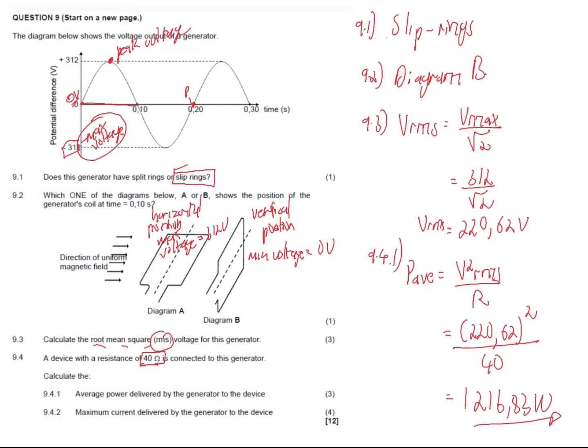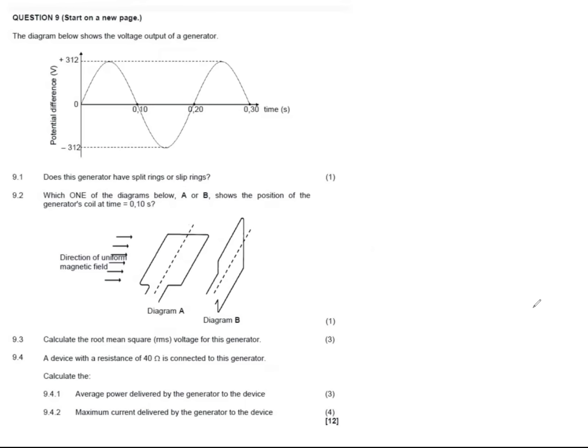That's our average power. Then to calculate the maximum current, this is what we are supposed to do. We already have the average power, meaning we can use one of these formulas. P average is VRMS multiplied by IRMS, or we can use P average equals I squared RMS multiplied by R, right? So either one that you prefer.